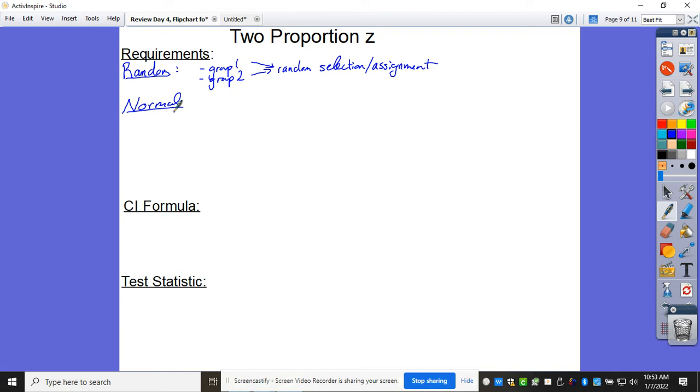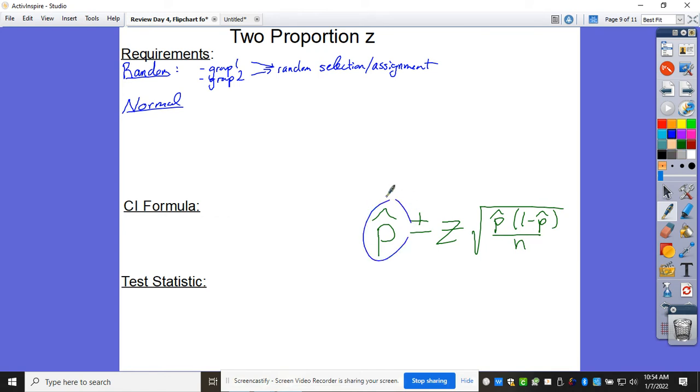Our confidence interval formula for a one sample proportion starts with what? P hat plus or minus what? Always Z. And then square root of. Alright, so switching that to two sample, this becomes what?